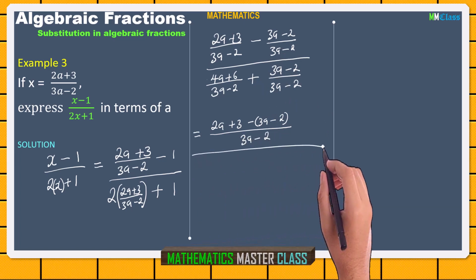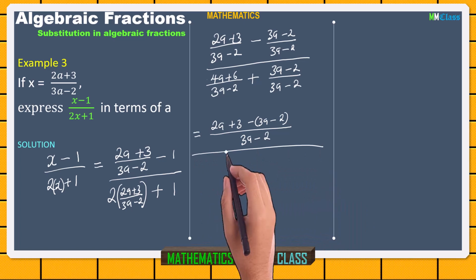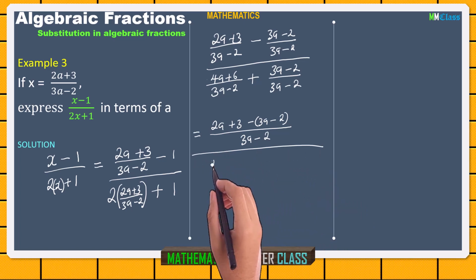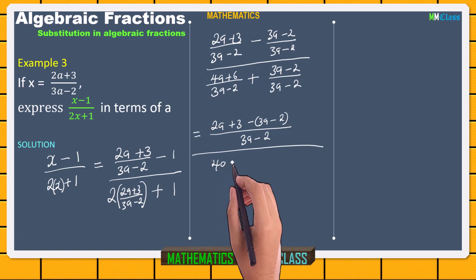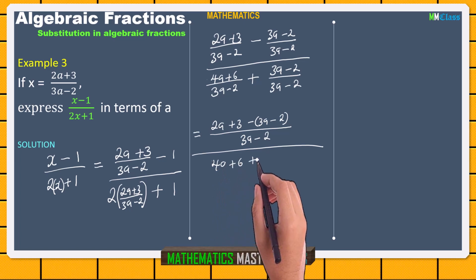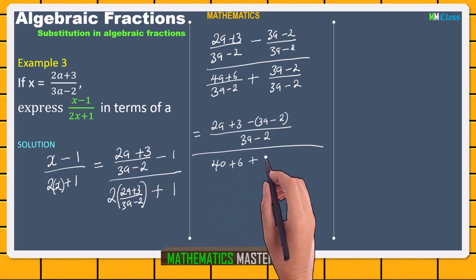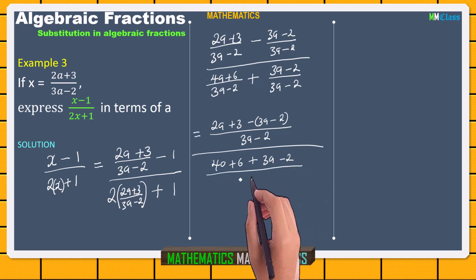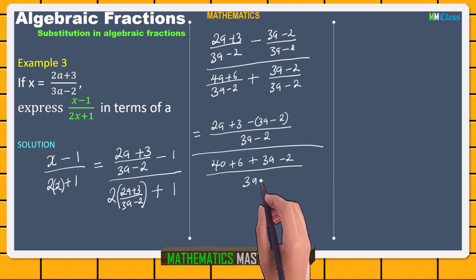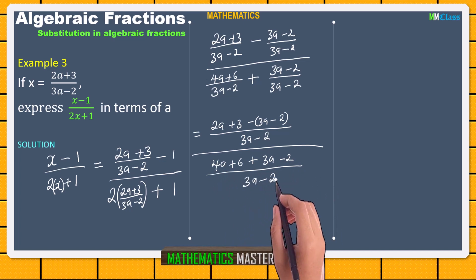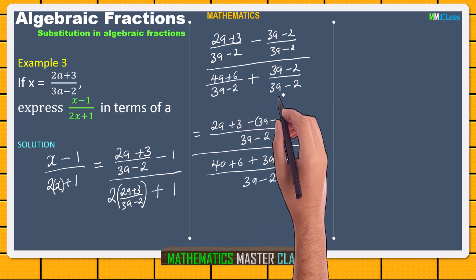Then all over, we do the same thing here. We are going to have 4a plus 6 plus, since we have plus, bracket is not necessary, 3a minus 2, all over 3a minus 2. That is the denominator of both of them, so we pick 1.